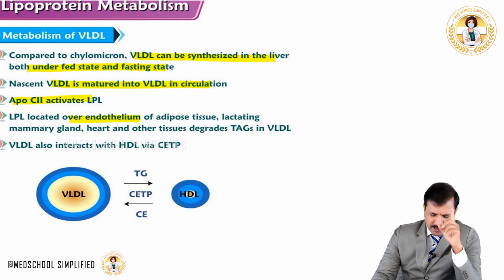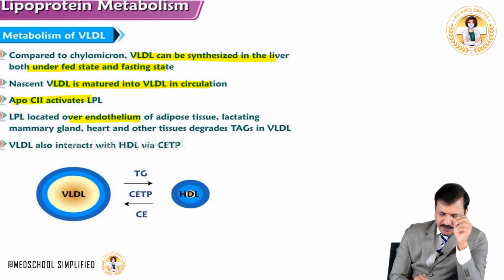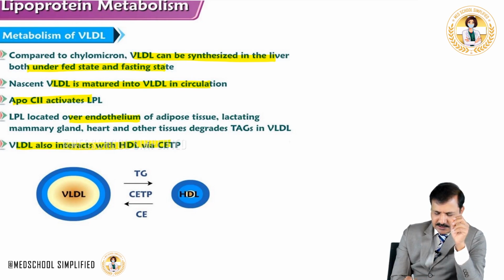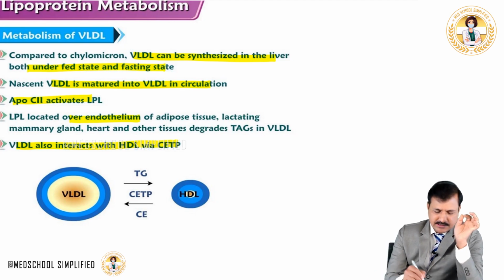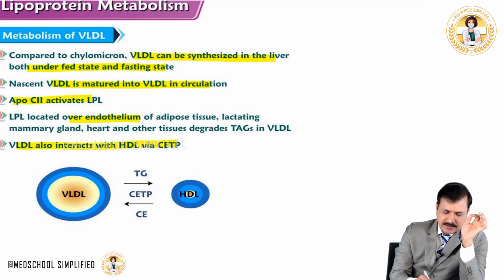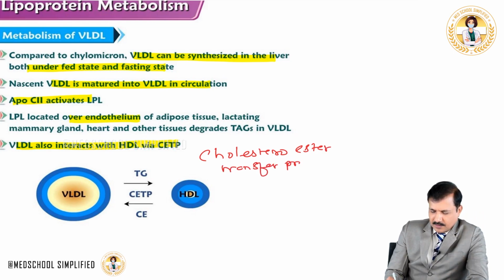Also, one point that I missed in the previous slide is that VLDL interacts with HDL through the enzyme CETP. What is CETP? CETP is cholesterol ester transfer protein.